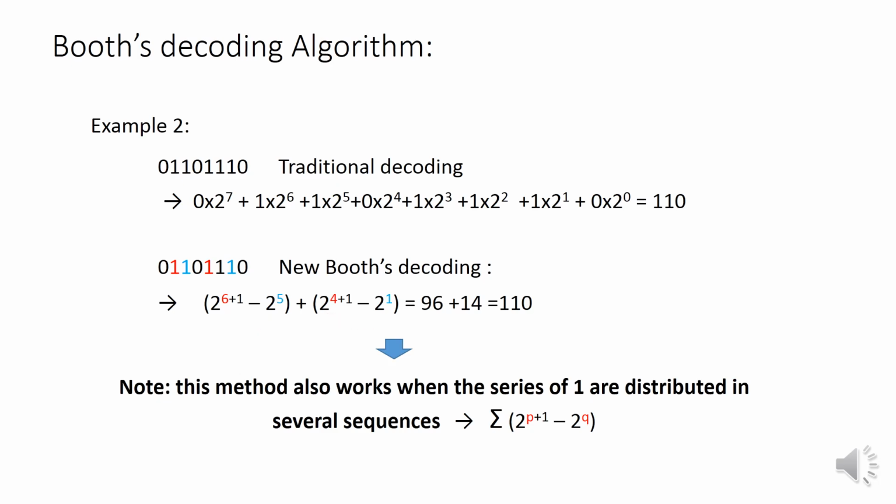The result is 110, so it is correct. So note that this method also works when the series of ones are distributed in several sequences. In this case, the result is the addition of the several sequences.